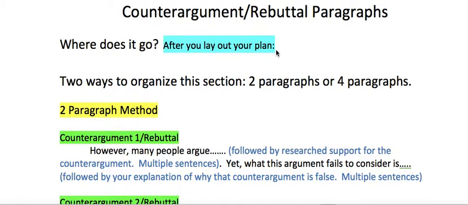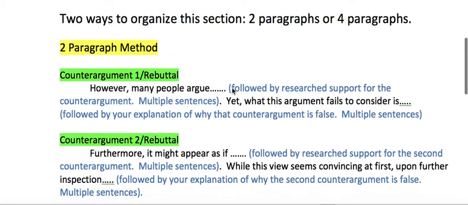And so these are the two ways to organize this section. You've already done this in your outline, but I wanted to show you a little bit more visually what this is going to look like in your paper. So this is the 2-paragraph method.